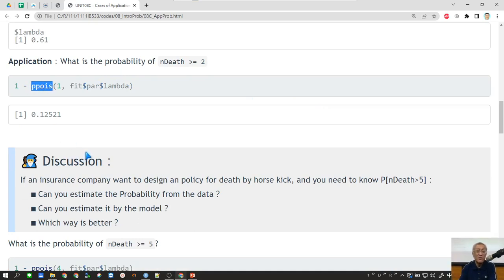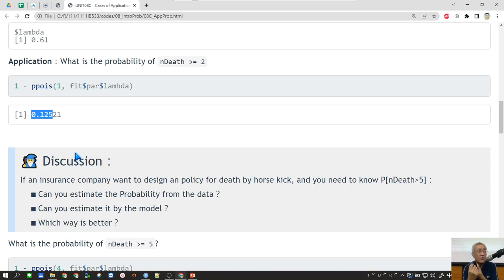For example, if I want to know the probability of the number of deaths larger than 2, I use 1 minus the left tail up to 2. So the probability of the number of deaths larger than 2 is about 12%.